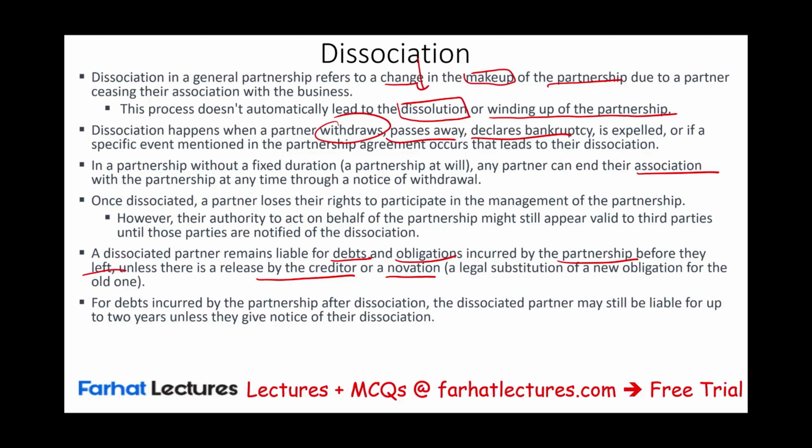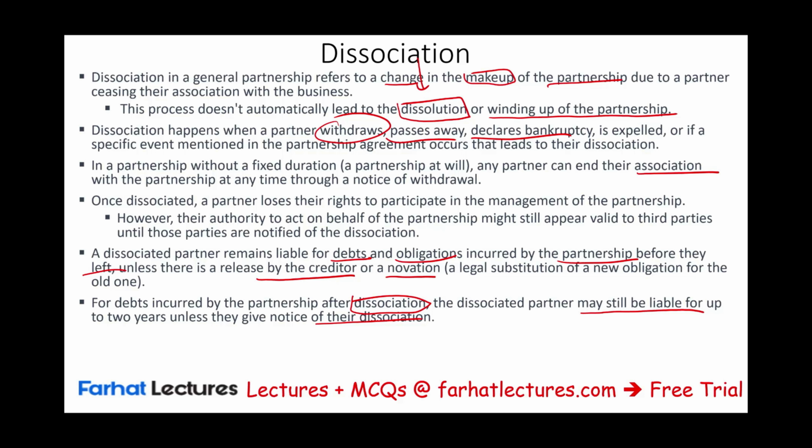Now, for debts incurred by the partnership after dissociation, the dissociated partner may still be liable for up to 2 years unless they give notice of their dissociation. So you want to make sure you let everyone know that you're no longer associated with this partnership. Why? Because sometimes, if your name is still associated with a partnership, somebody might give them a loan because of your name, because they think you're still working there.